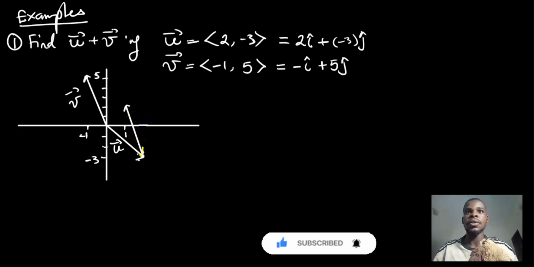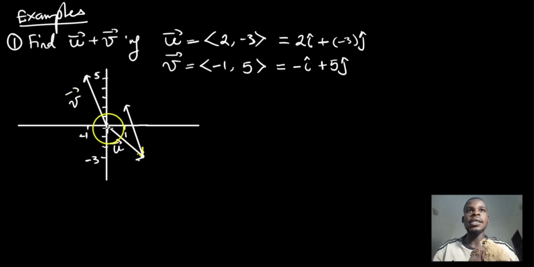Good. Okay, so given that this is u, and then this is now vector v, the v we want, right? We want to know what the sum will be. Since u started from here, and then after adding v we end here, this is now the resulting vector. It moves from the initial point of u up to the terminal point of vector v, and we could read that easily because it's a position vector.